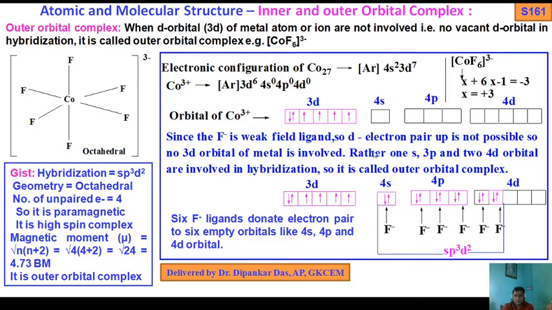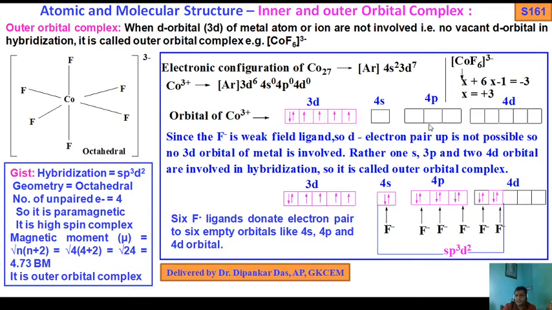That is, 1 4s, 3 4p, and 2 4d orbitals are involved in hybridization. So it is called an outer orbital complex. Since the 3d orbital is not involved in the hybridization, that's why it is an outer orbital complex.